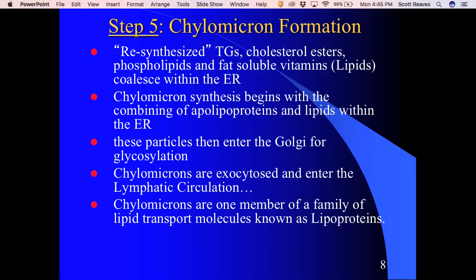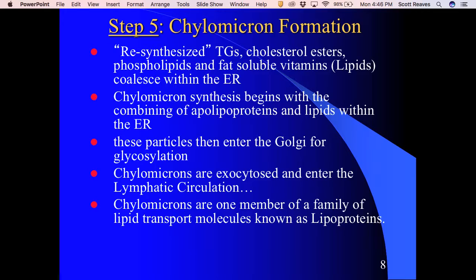And this explains it. So resynthesized triglycerides, cholesterol esters, phospholipids, even fat-soluble vitamins like vitamin D, vitamin E, K, and all those make it into those chylomicrons as well. They combine in the ER, and then they're combined with apolipoproteins. They go from the ER to the Golgi, and then they're secreted. They follow that secretory pathway. So they're exocytosed. Go into the lymphatic system, then the blood. And chylomicrons are one member of a family of lipid transport molecules known as lipoproteins.